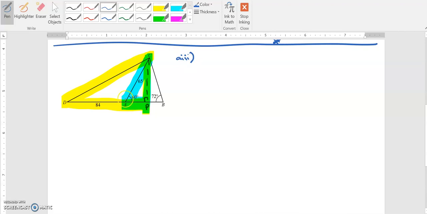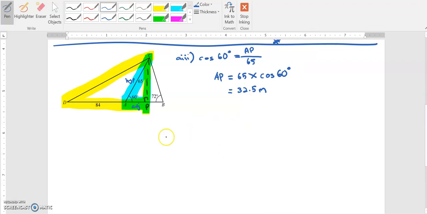To calculate PA, with the reference angle of 60 degrees, this is my adjacent. This is my hypotenuse. So therefore, I will use the ratio cosine 60 degrees equals adjacent over hypotenuse, which is 65. So to calculate AP, I know it is 65 times cosine 60 degrees, and that's actually 32.5 meters exactly.